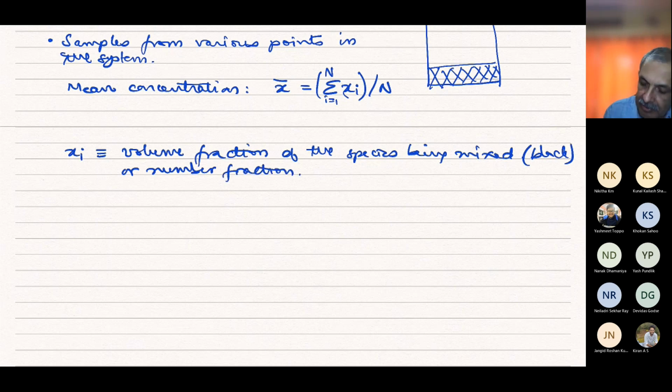So depending on whatever you want to take. So this is just basically a concentration. It's a dimensionless number.